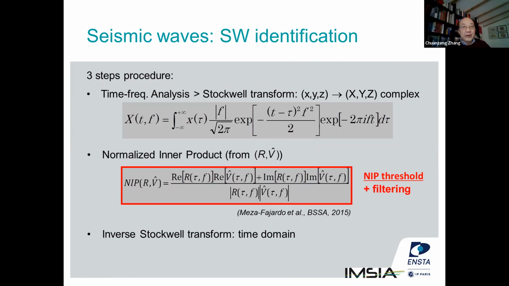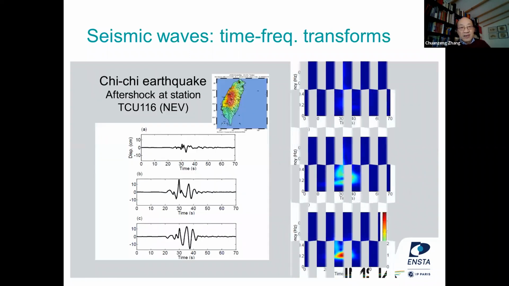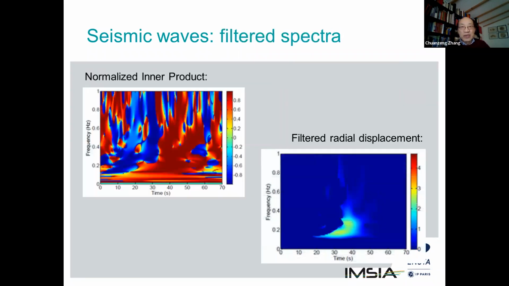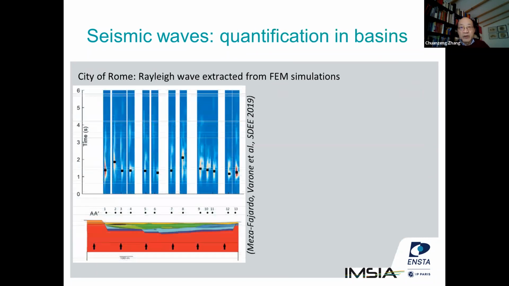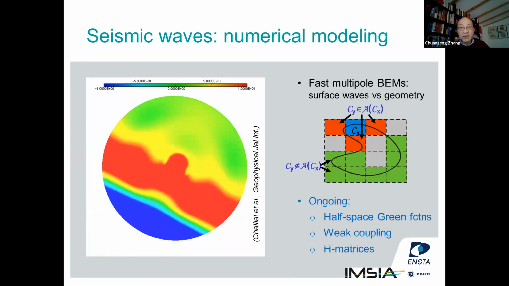Very interesting. Another question is related to your boundary element implementation. You have mentioned you have used half space and the Green's function. Is this a 3D or 2D simulation?